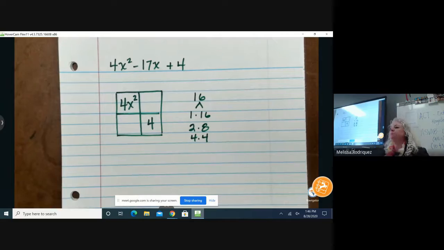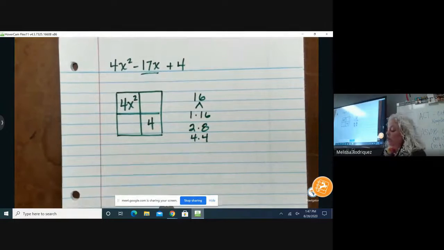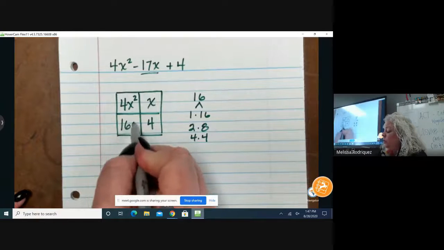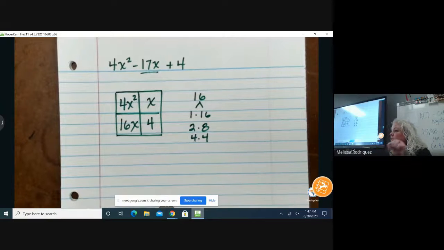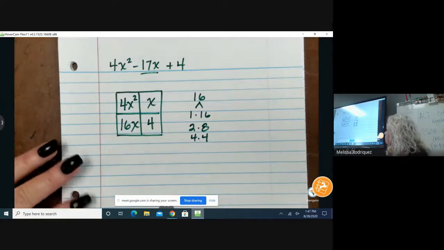I'm looking for two factors that give me what? 17. 1 and 16. So again, the order of those doesn't matter, but if you'll put yours in the same boxes as me so that we do it the same, does that make sense? And we can check easier.